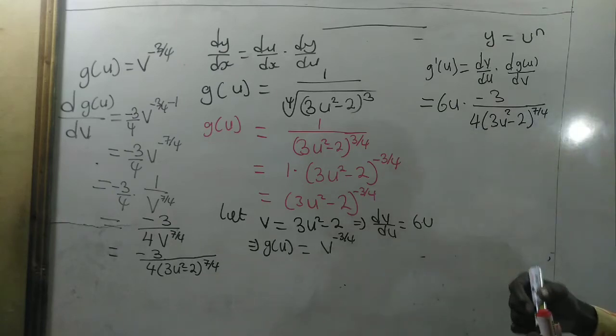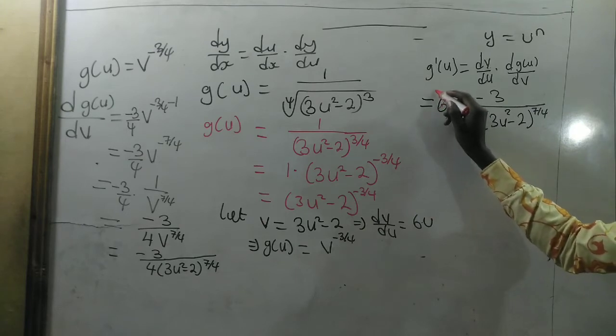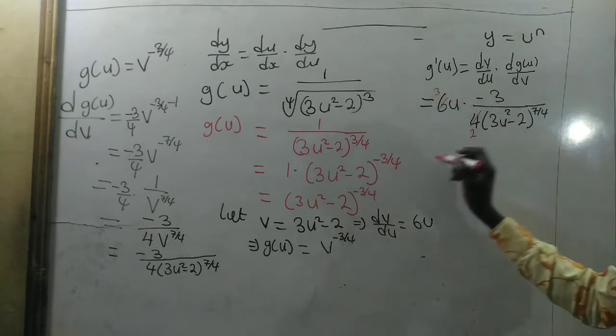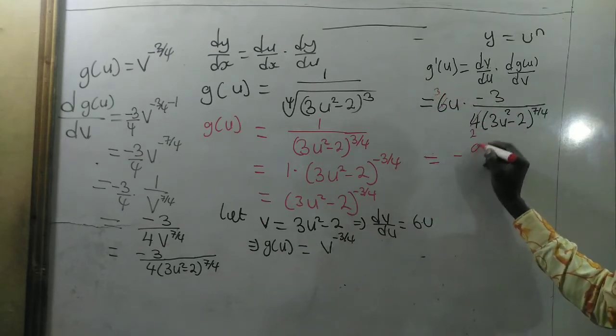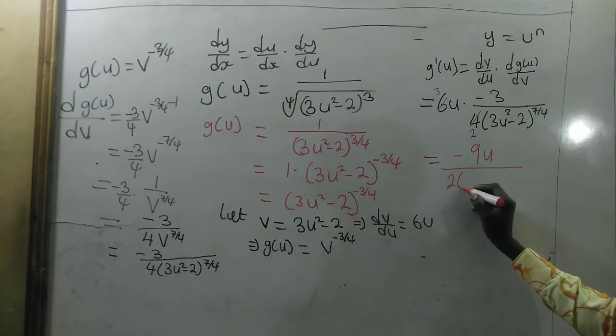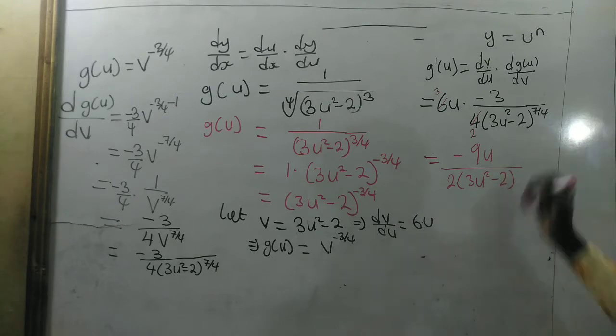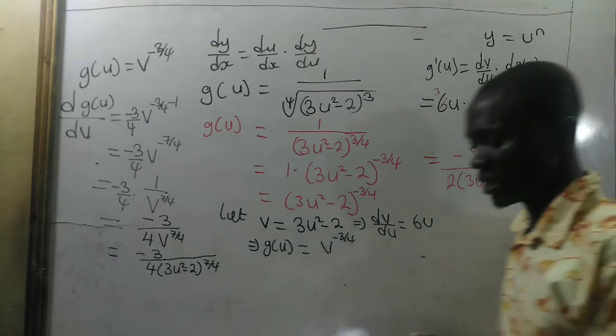And see that here 2 will go here 2 and 2 will go here 3. So 3 times this will give us negative 9u divided by 2 times 3u squared minus 2 to the power 7 out of 4. And we are done with the derivative.